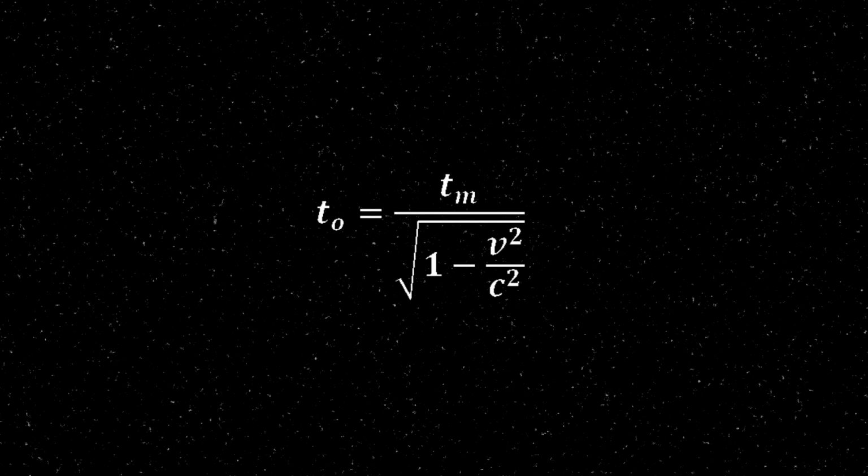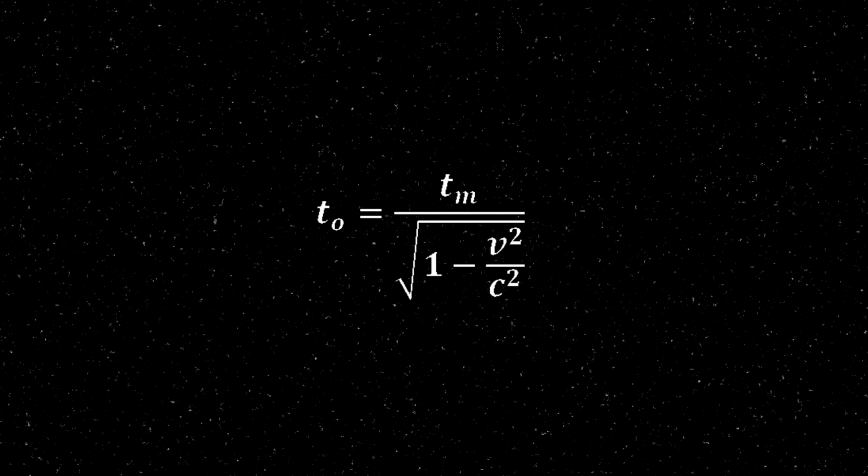So to wrap up the video, this is the equation that we have derived. So what does this mean? Well, the time that has elapsed for an observer, so for us, equals the time that has elapsed for a mover, so Tm, divided by the square root of 1 minus v squared over c squared.